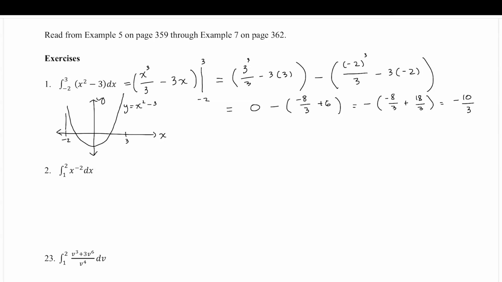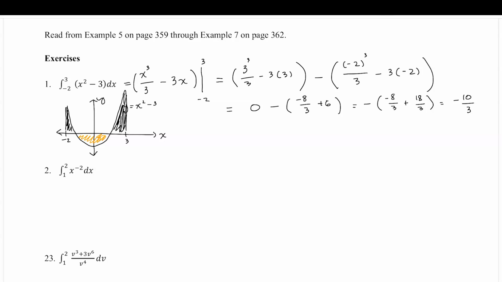My drawing is not spot on accurate, but it's pretty good. So what this means, what I just found, is that when I take these two pieces of positive area and combine them with what I consider to be this negative area, the area under the horizontal axis, that nets out to negative 10 thirds.